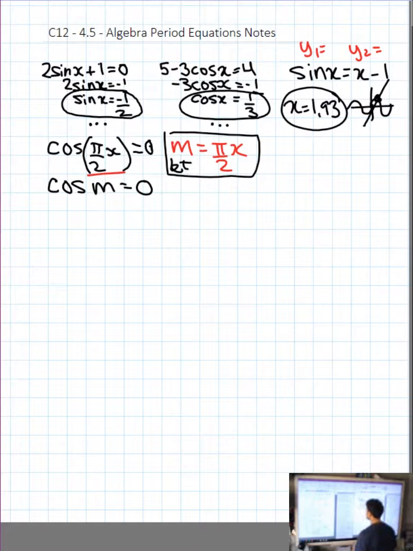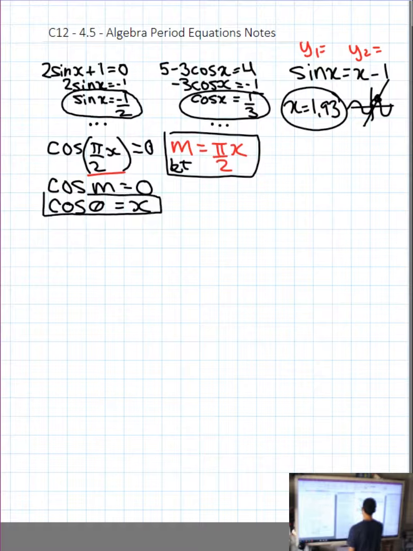I haven't been doing it in the past and I'm not going to do it in the future. So cosine m is equal to 0. Well, we've explained that in the previous section. Cosine theta is equal to x, and I'm going to put a box around the definition so I don't get confused with above. I am looking for an x value equal to 0, and I need to know what theta is.